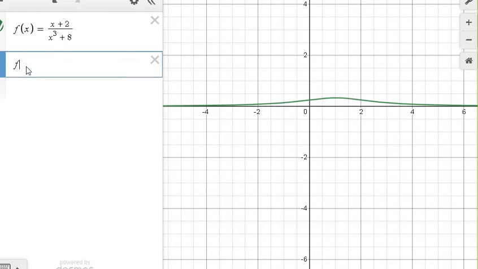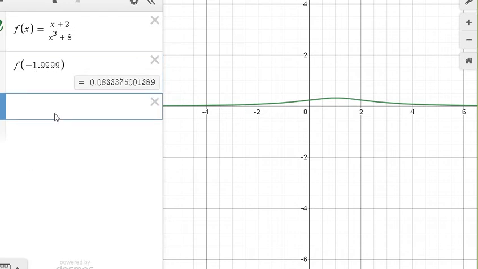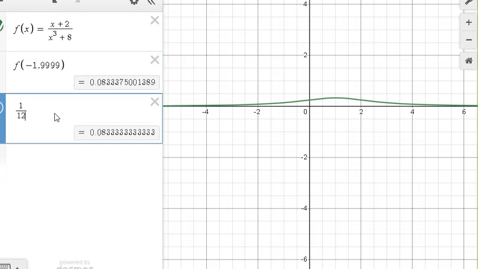So something close to negative 2 would be f of negative 1.9 or negative 1.99, 1.999. And maybe you're not really good with fractions, but you can do 1 divided by 12 and say, oh, okay, yeah, it looks reasonable. I'm getting close to that decimal value. So you can have confidence in your answer by looking at it.